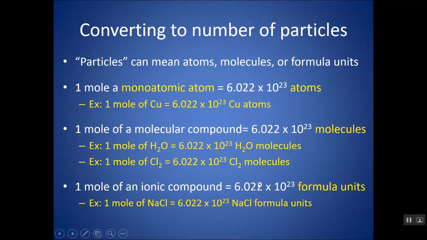And if I'm talking about an ionic compound, we don't really use the word molecule, so you might see the term formula unit or unit thrown in instead. So for instance, 1 mole of NaCl, an ionic compound made of metal and nonmetal, contains 6.022 times 10 to the 23rd NaCl formula units. Because again, it's not made of molecules.